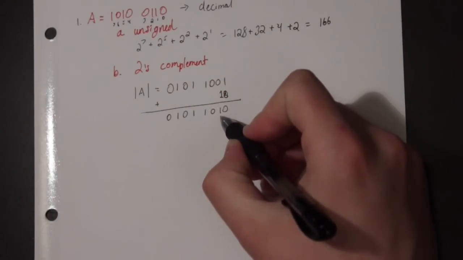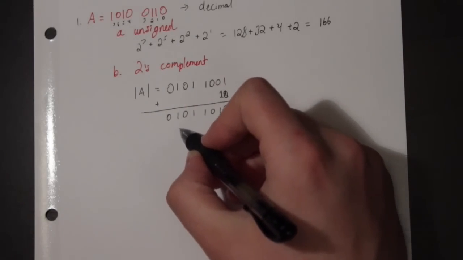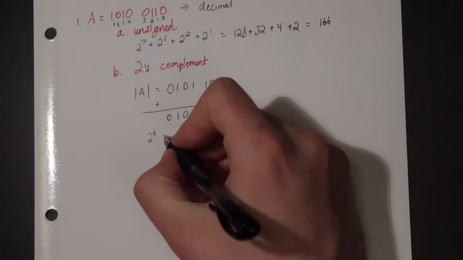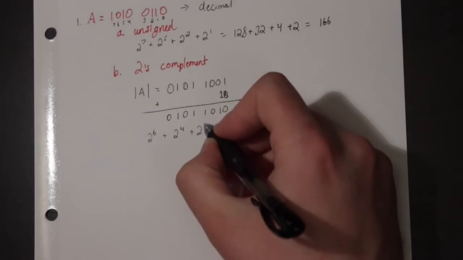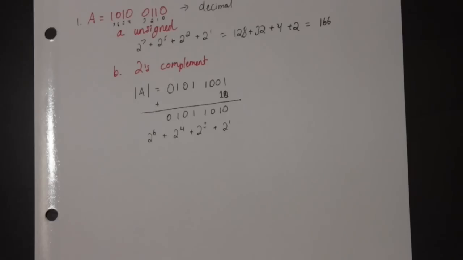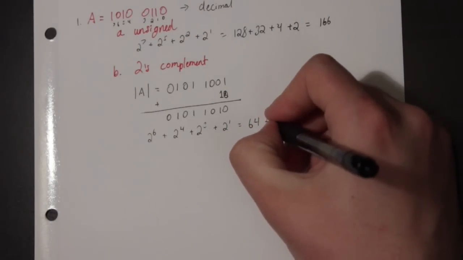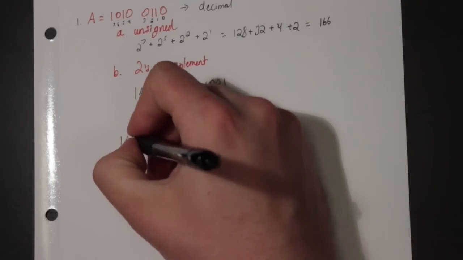When we look at this, we get 2 to the 1st, plus 2 to the 3rd, plus 2 to the 4th, plus 2 to the 6th. So we get 2 to the 6th, plus 2 to the 4th, plus 2 to the 3rd, plus 2 to the 1st, which ends up being 64 plus 16, and this is the absolute value of a, keep that in mind.